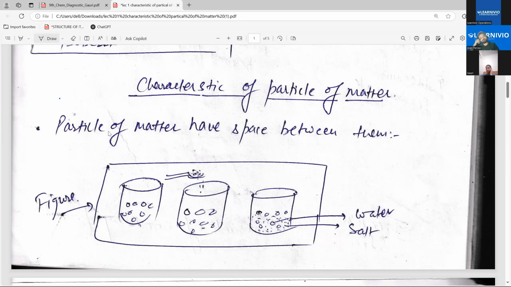How will you identify this? Particles of matter have space, so how can you prove this? Is there any idea?